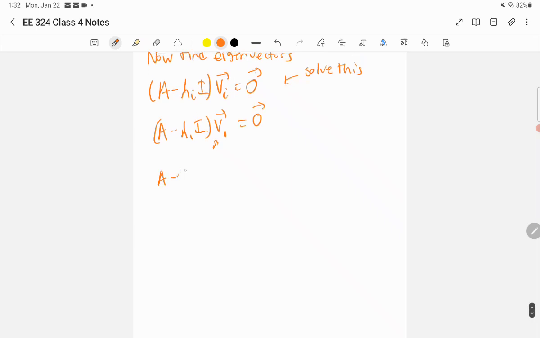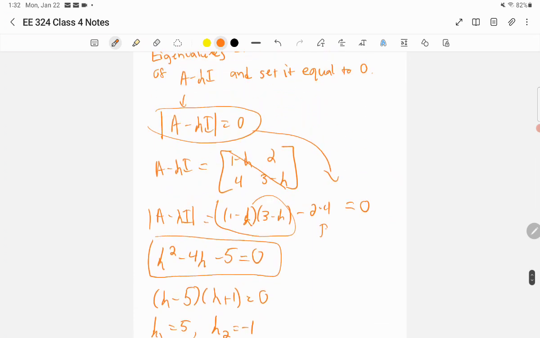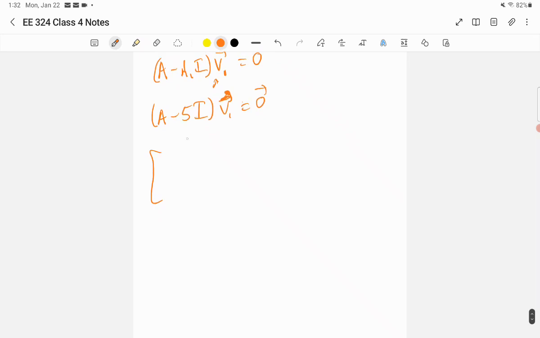Then lambda 1 was 5, so this is going to be (A minus 5I) times the vector v1 equal to 0. I'm going to distinguish between vectors and components here in a minute. The original matrix A was 1, 2, 4, 3. So it's going to be 1 minus 5, 2, 4, and then 3 minus 5, times my vector.